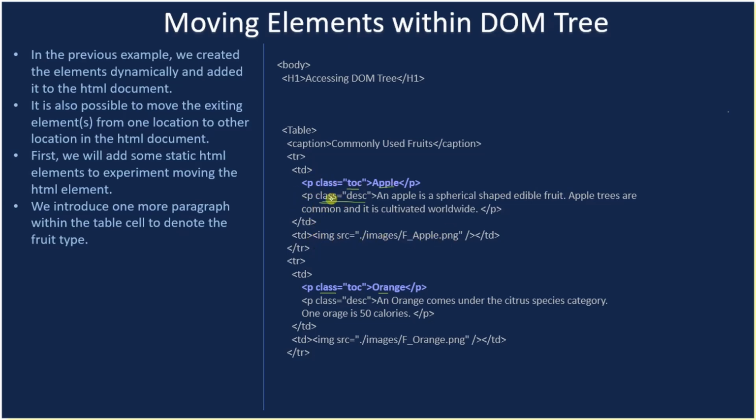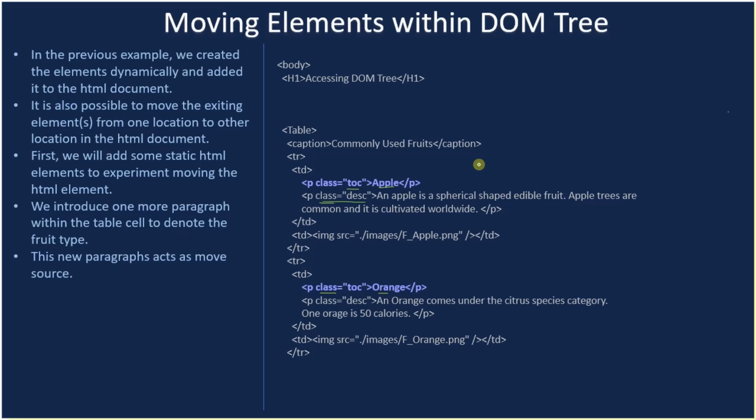And in the first cell, now we are having one more paragraph that tells a short description as well as a title for the paragraph. It is written as paragraph class equal to TOC. Like that, the document is coming to you from the web server. We will assume that. That's why here we are making that change to understand it.